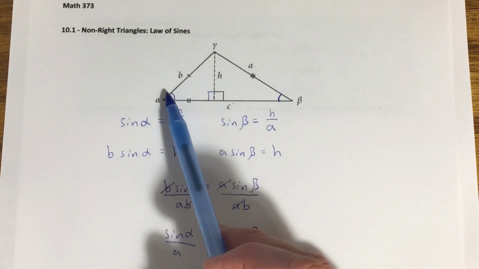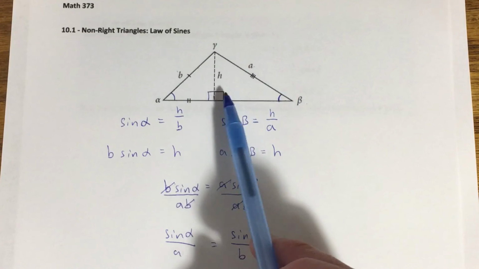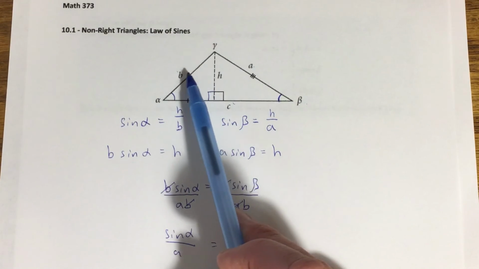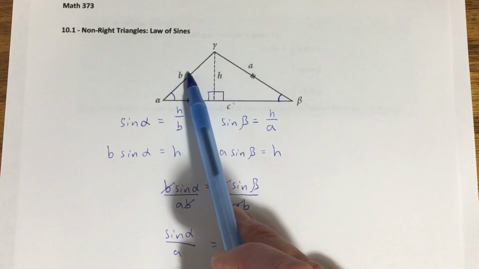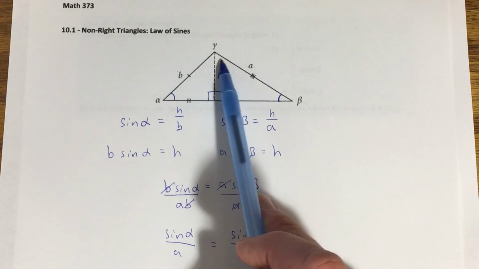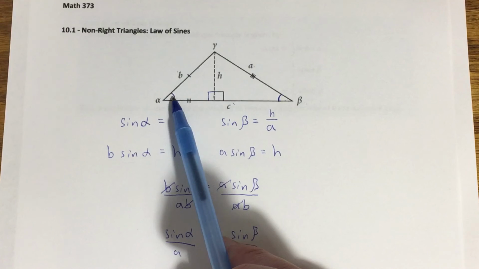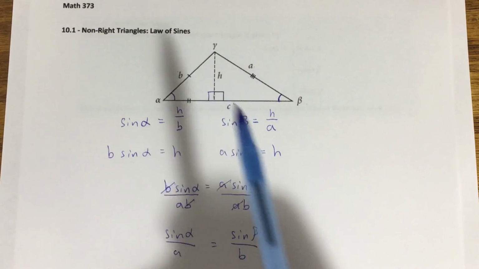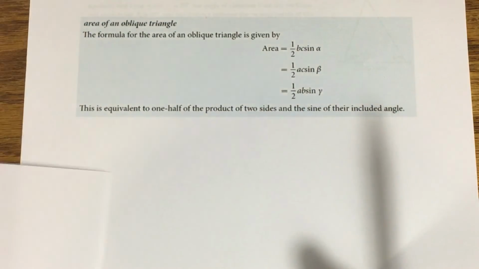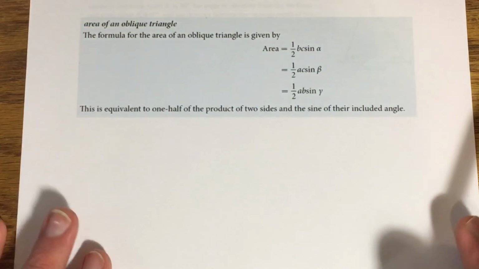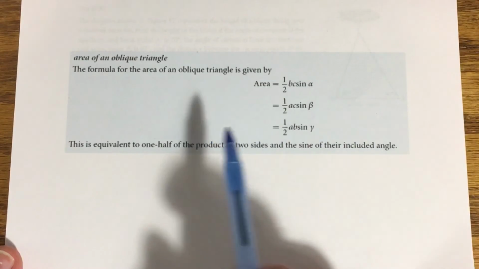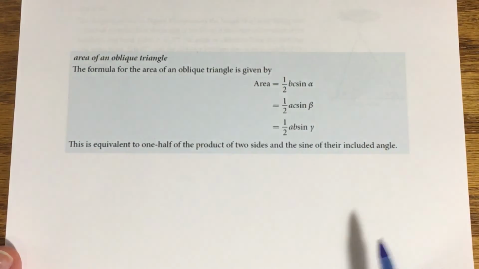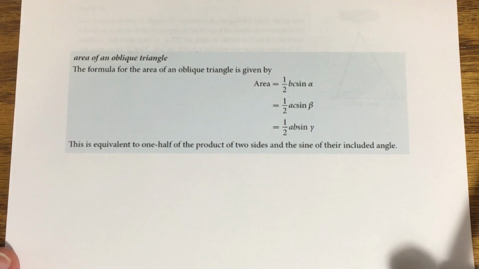For example, if I wanted to find the area of this oblique triangle, if I happen to know any two sides, so A and B, for example, and the angle included between them, gamma in this case, the area would be 1/2 times A times B times the sine of gamma. Now, we will prove this in the next video, but I wanted to state it here so you can see it, and then we'll use it in an example.